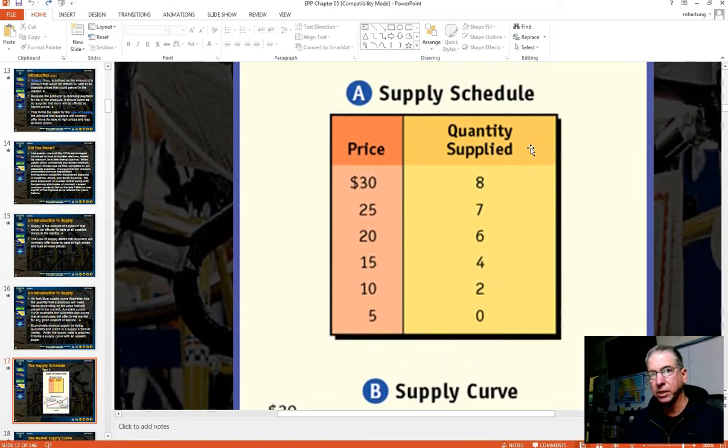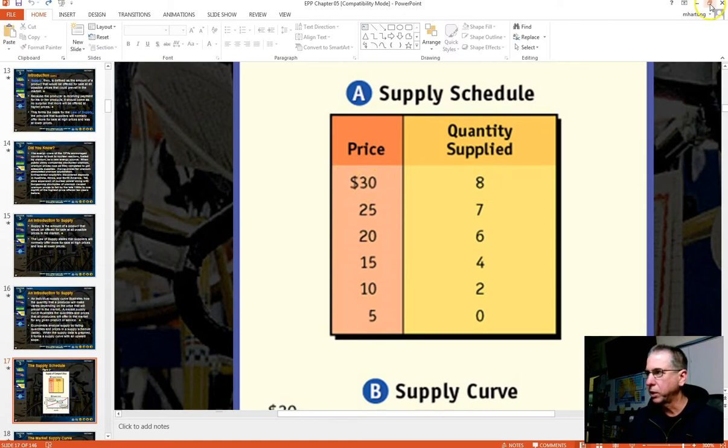Remember, a schedule is a listing of those items that would be demanded or supplied at a particular price. So here, supply schedule, we have a price. Notice that at a price of $30, there's 8, and at a price of 5, 0. So more is supplied at a higher price.